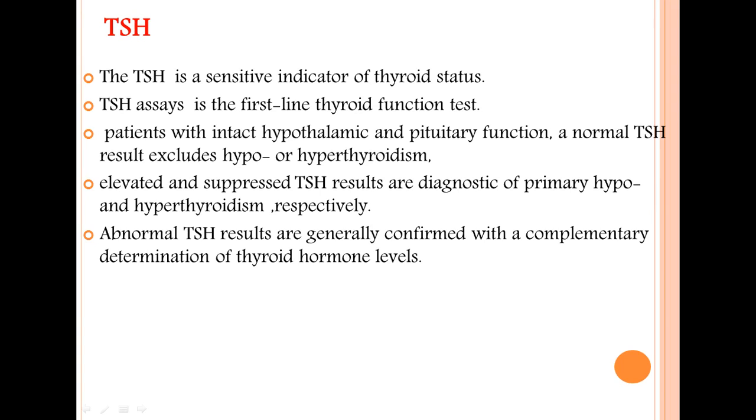And in case the TSH was very low in the presence of a normal hypothalamus and pituitary, then this indicates the patient has primary hyperthyroidism. Of course, when I have an abnormal TSH, I need to confirm it by measuring the level of thyroid hormone in the blood.